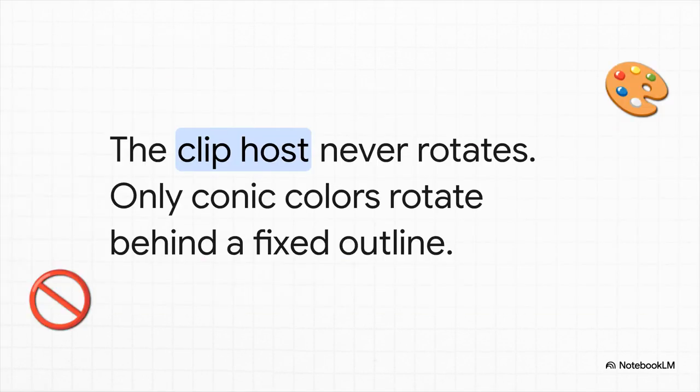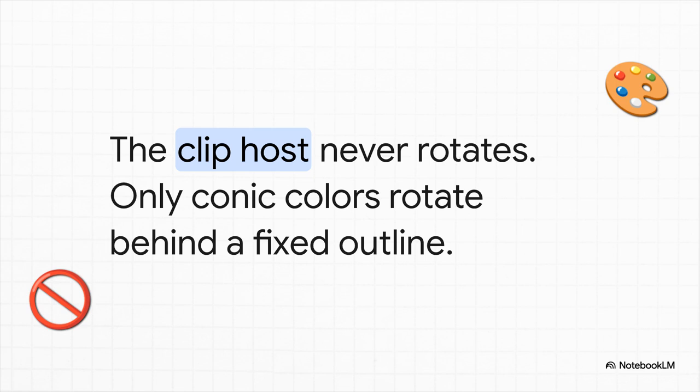And right here, this is where the magic happens. This brilliantly illustrates why it looks like a glowing border. The clip host, which is that outer parent panel with the corner radius you specified, stays perfectly still. Think of it exactly like a stationary window or a picture frame. Because the spinning canvas is clipped to this fixed rounded outline, you only see the rotating pie wedges peeking out at the very edges, right around the border of your stationary child element.